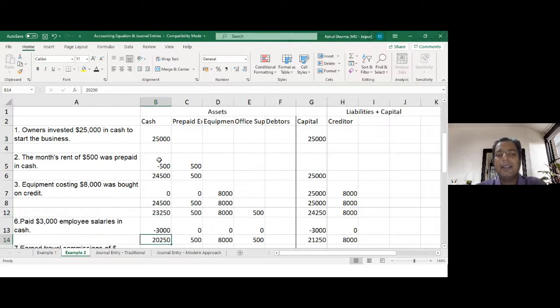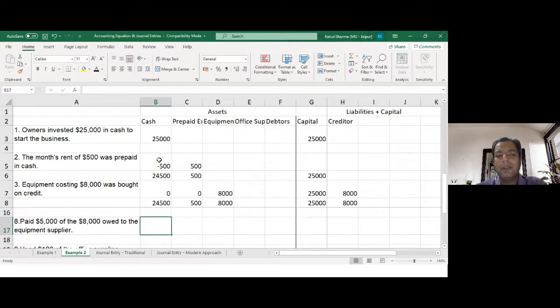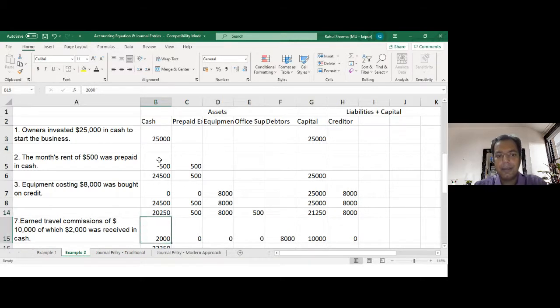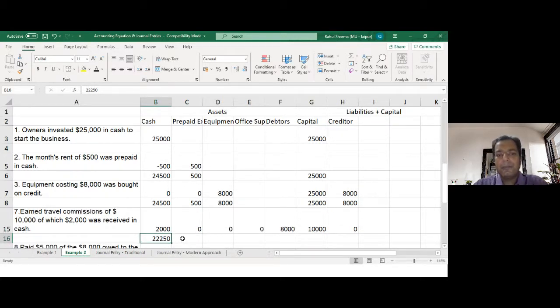Now, if we take it on further, we paid 5,000 of the 8,000 owed to the equipment supplier. So we paid 5,000 which we owed to him. If we again look onto the new equation, it would be something like 22,250.